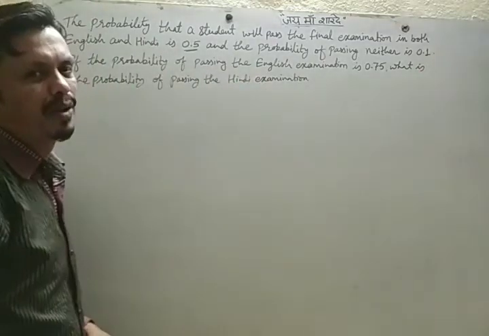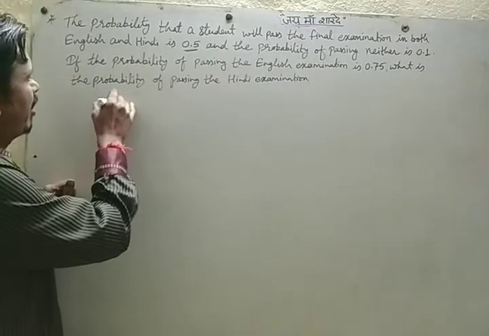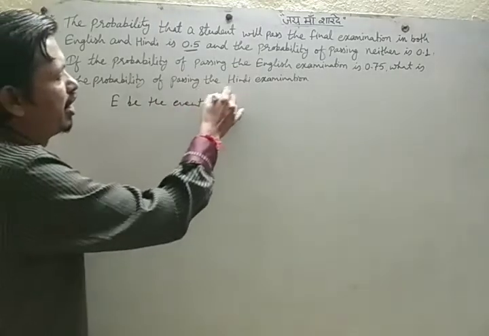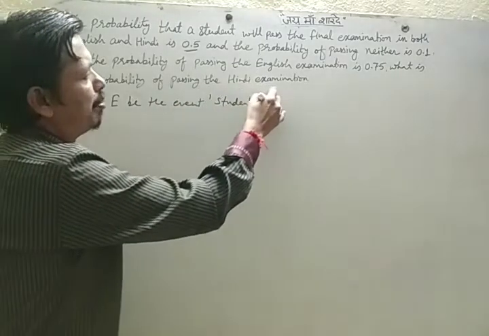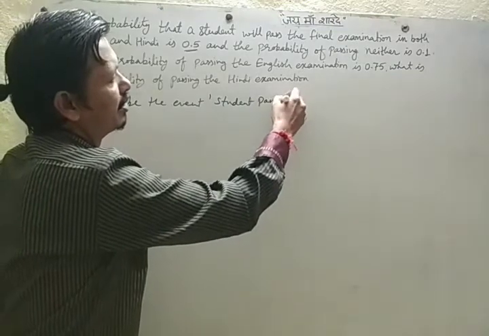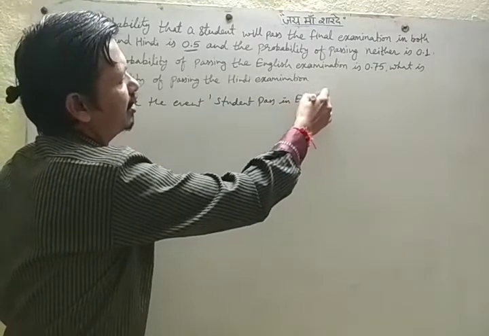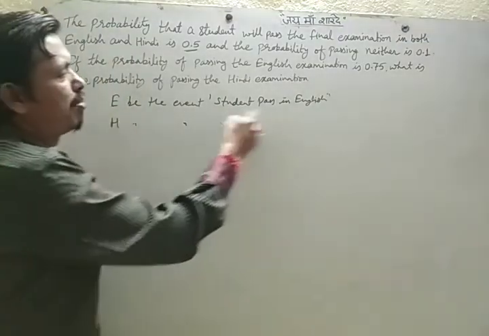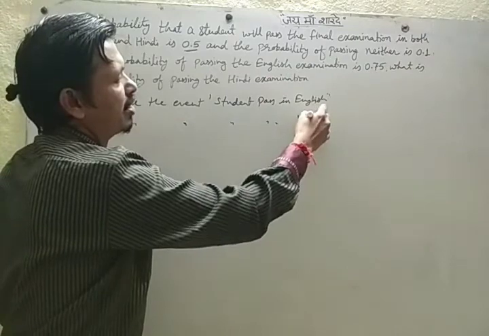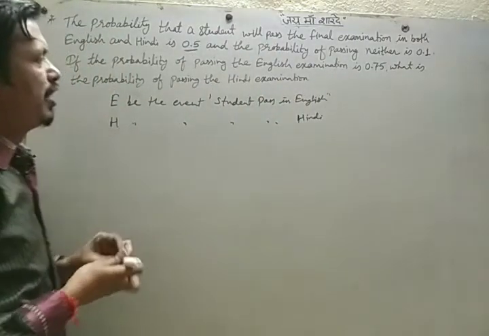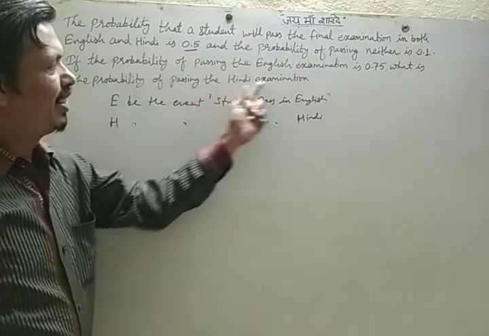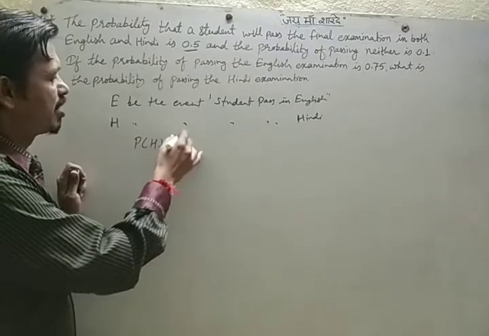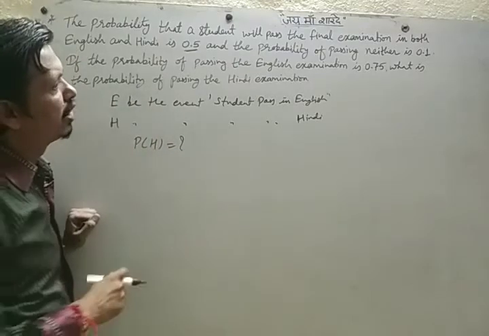Suppose E be the event that the student passes in the English examination, okay, and H be the event that the student passes in the Hindi examination. Check. We need the probability of passing the Hindi examination, means P of H we need. P of H is missing, that we need. Now what is given?